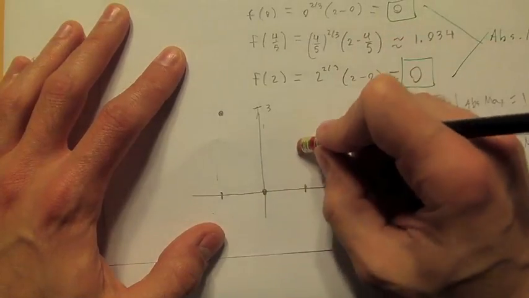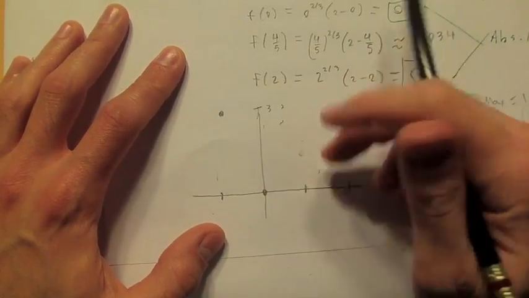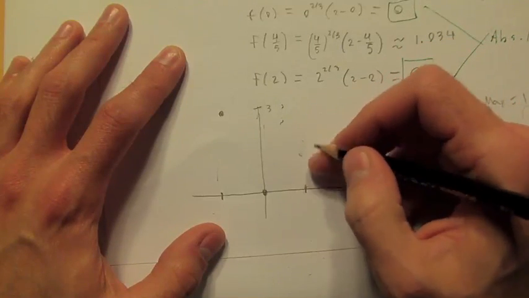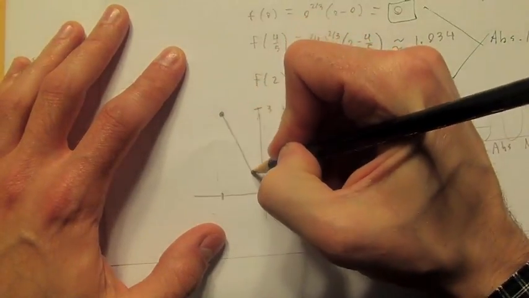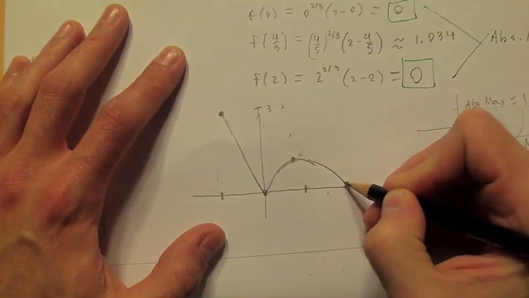I'm not looking at 1, it's 4/5. 4/5 will be somewhere like here. Anyway, so this guy looks something like this.